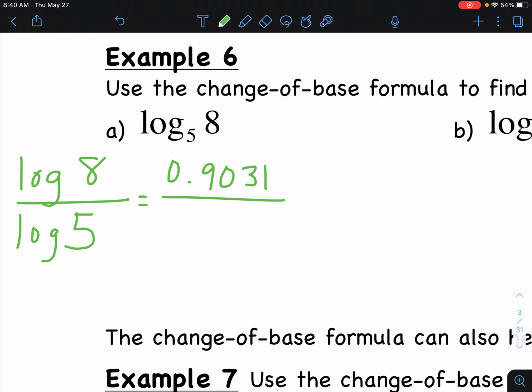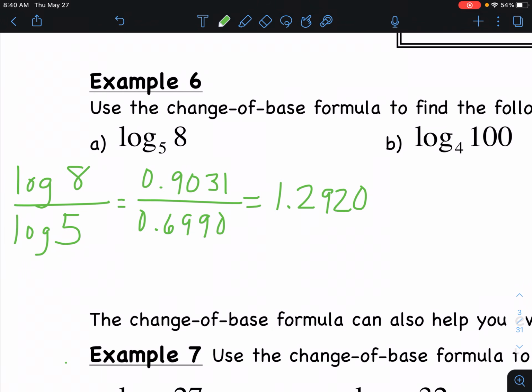And then do log of 5 in your calculator, 0.6990, if I'm carefully rounding to 4 decimal places. And then divide 0.9031 divided by 0.6990. And you'll have your answer, 1.2920. So there it is.